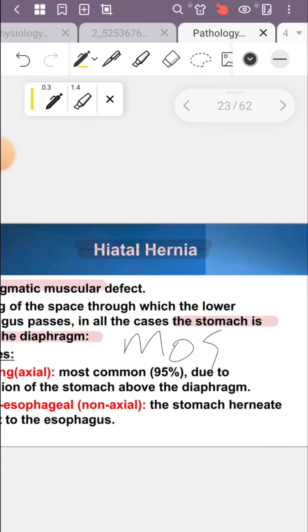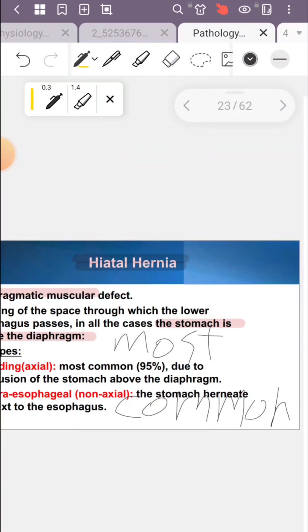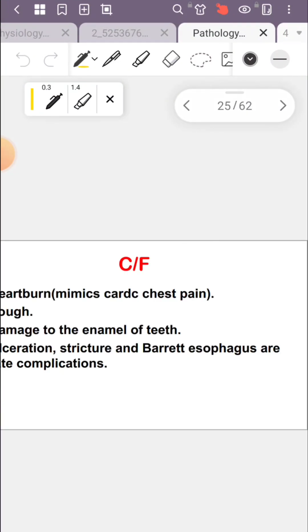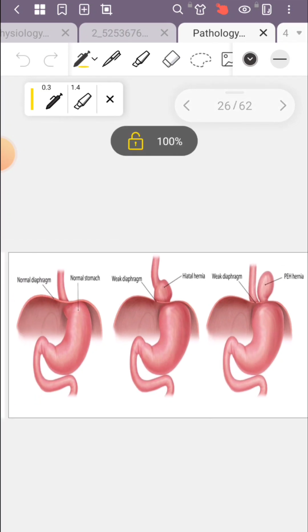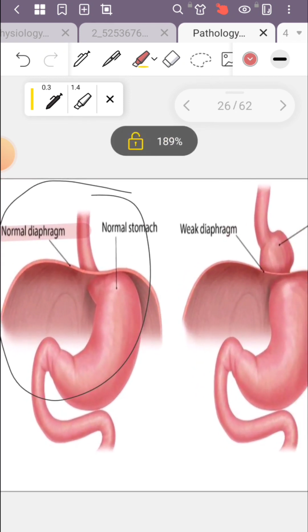Now, guys, this is the normal diaphragm. This is the normal muscular diaphragm, with an intact smooth lining and no herniation. This is the entry of the esophagus, and this is the upper part of the stomach. That is the cardia.